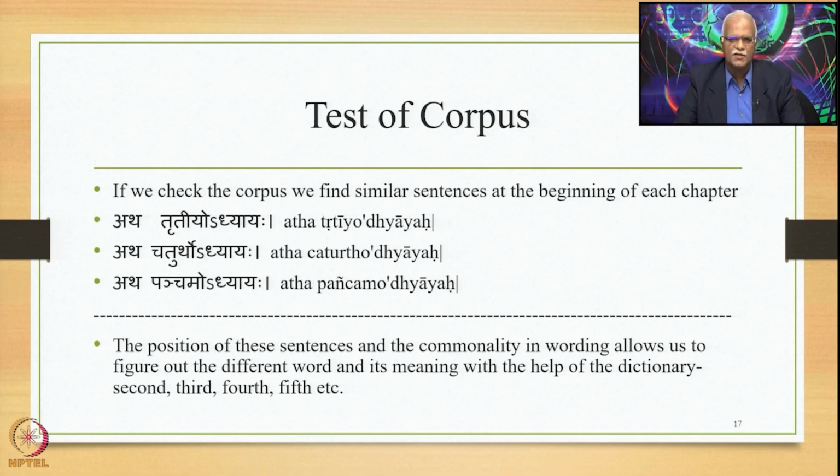The position of these sentences and the commonality in wording allows us to figure out the different word in those sentences and the meaning with the help of the dictionary. Tritiyaha means third, Chaturthaha means fourth, Panchamaha means fifth, etc. This is how the sandhi gets split with the help of these strategies in this particular example.